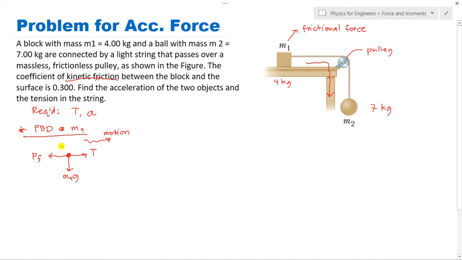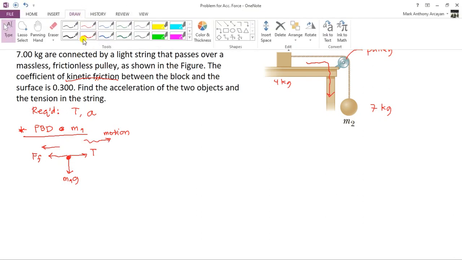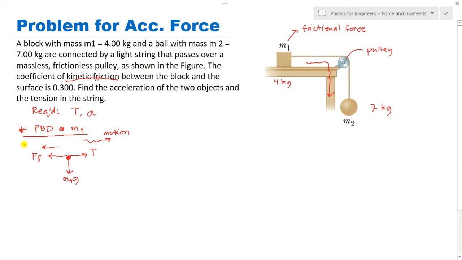So na diri ang ato ang REF. What else? What are the other forces present for mass 1? Unsay nahimutangan ni mass 1?